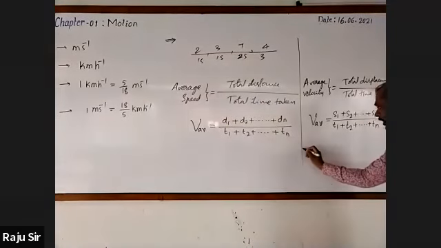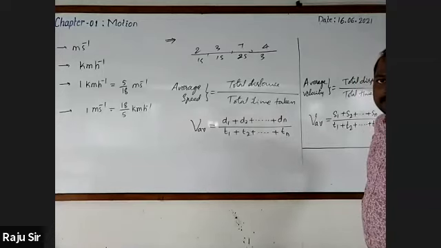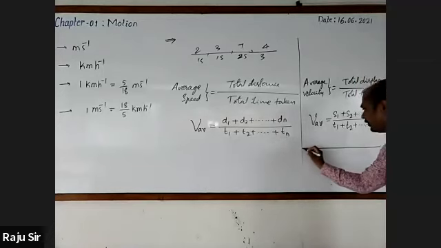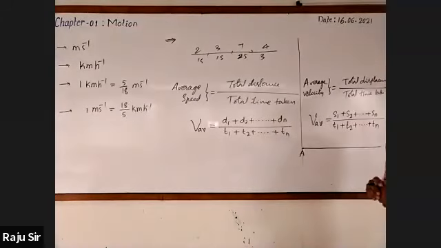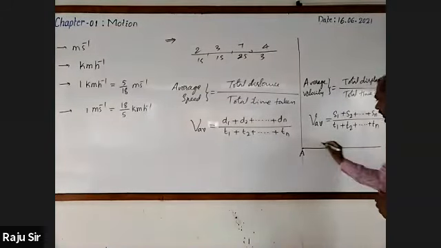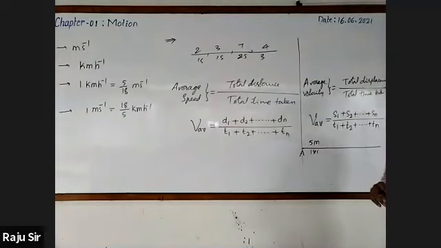Observe, assume that a body is moving in a straight line. Now, it is its initial position. I call it as A. It covers 5 meters in 1 second, first second. Next, 10 meters in the next 2 seconds.